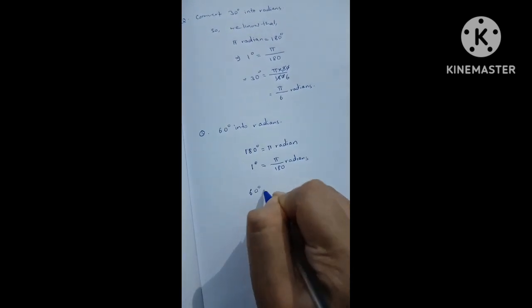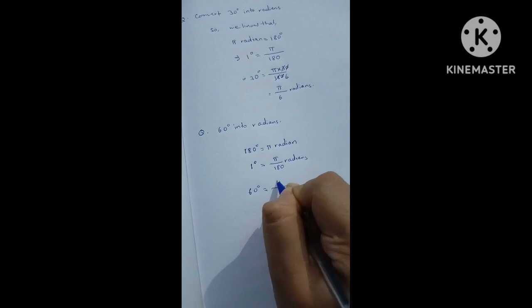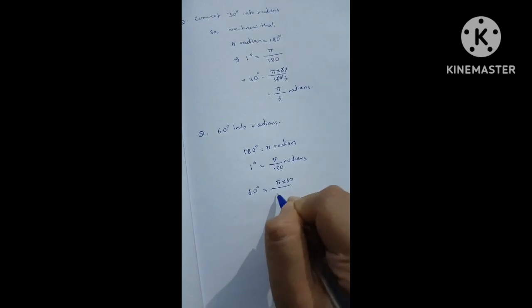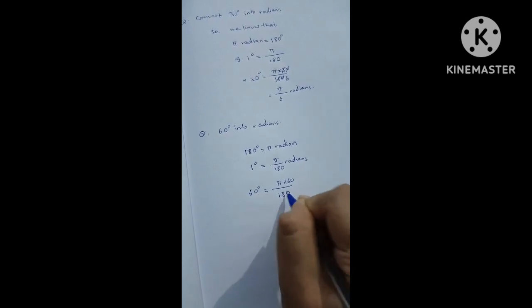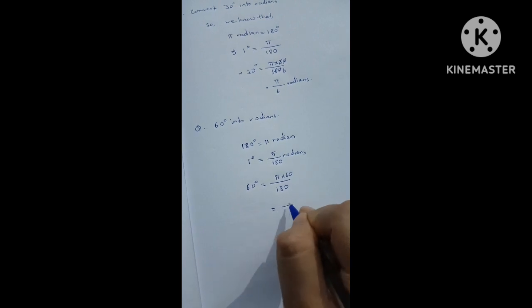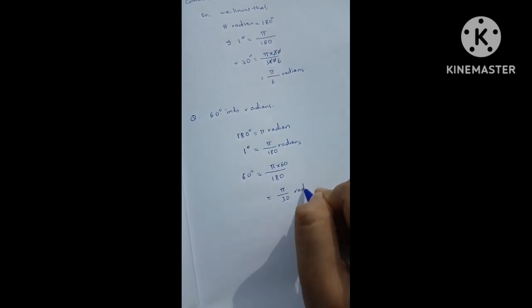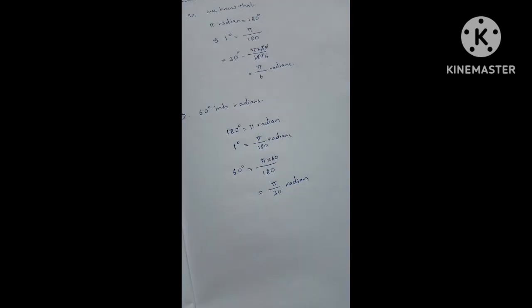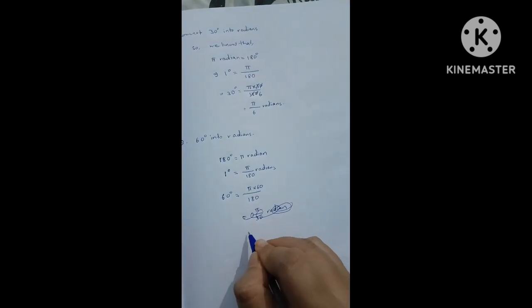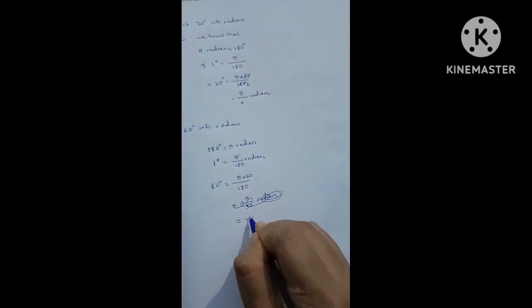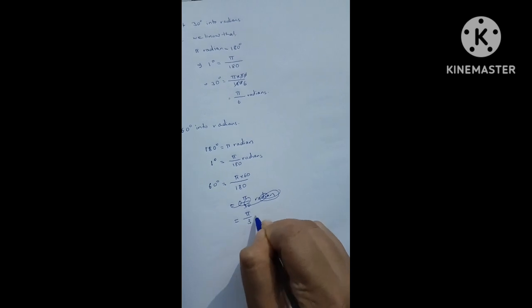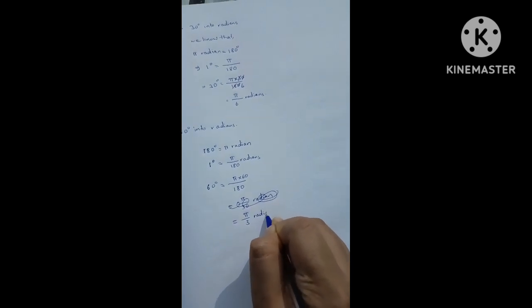So 60 degree will be pi times 60 upon 180. Simplifying this, we will get pi by 30 radian. Sorry, not pi by 30. This will be pi by 3 radians.